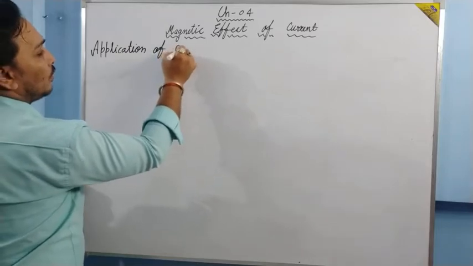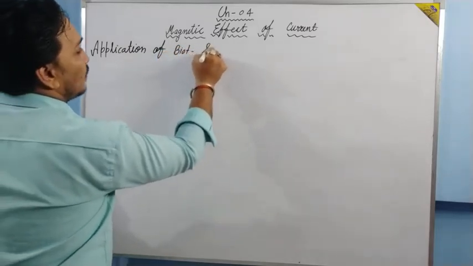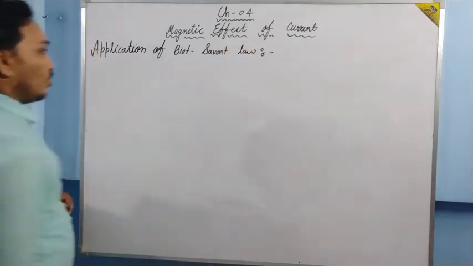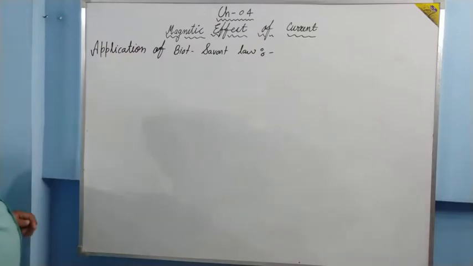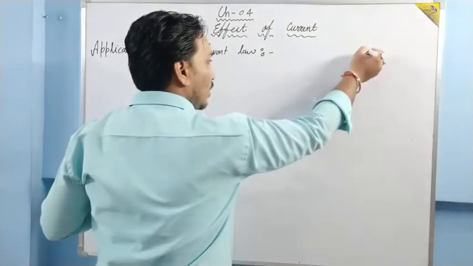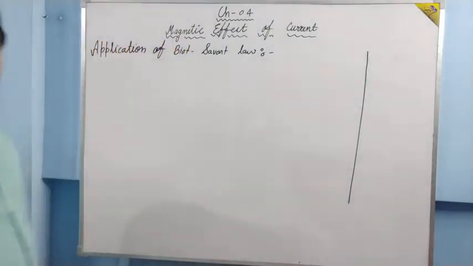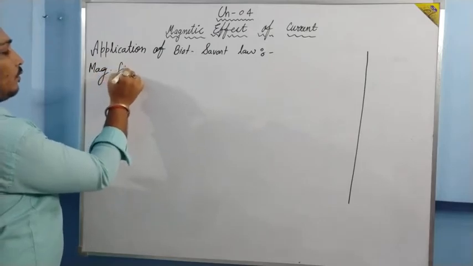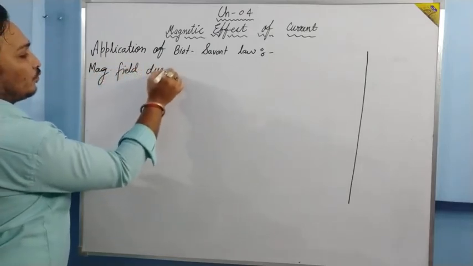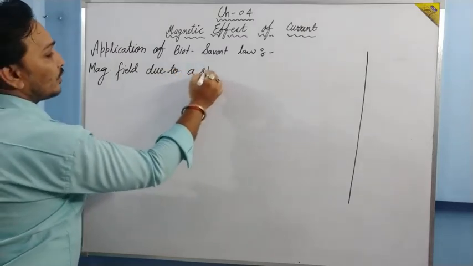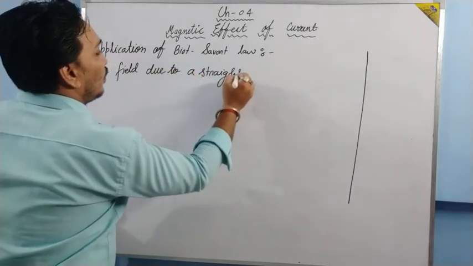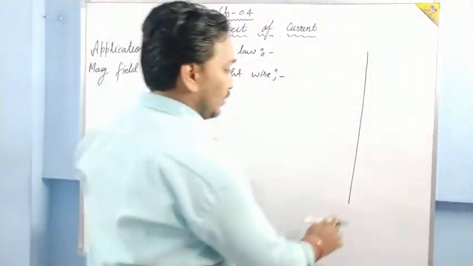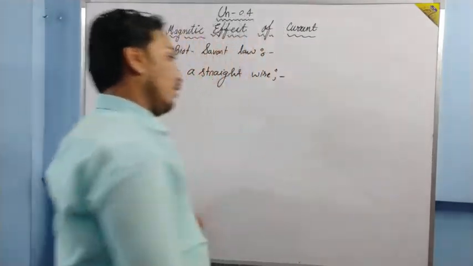For this, the first application is the magnetic field due to a straight, obviously current carrying, wire. Okay, magnetic field due to a straight current carrying wire.